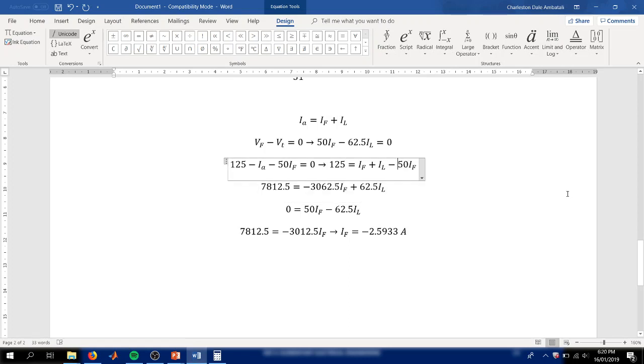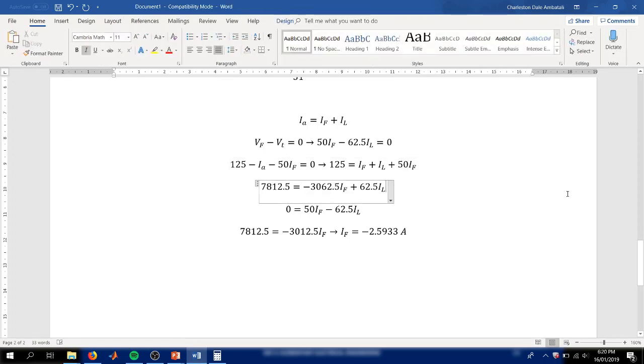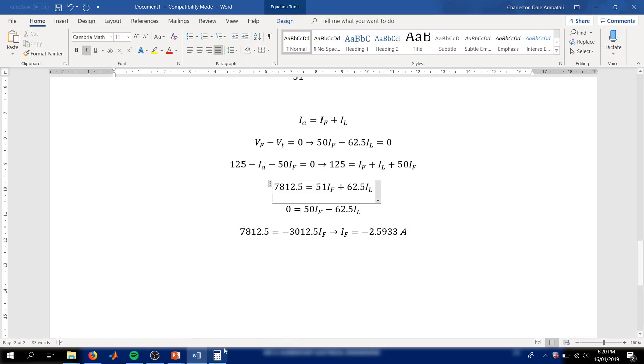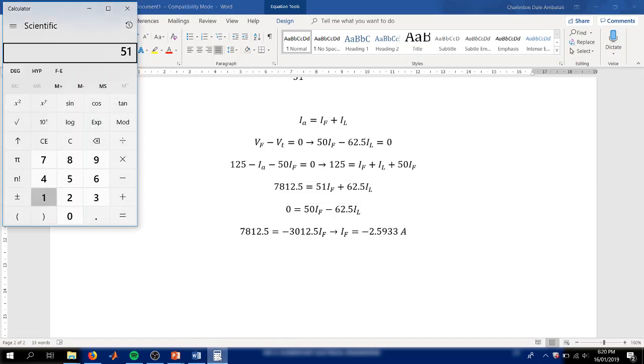Oops. This should be plus 50 IF. And that is my mistake. So this should be positive 51 IF times 62.5. So there's an error in my calculation. There you go. It should be 3187.5.